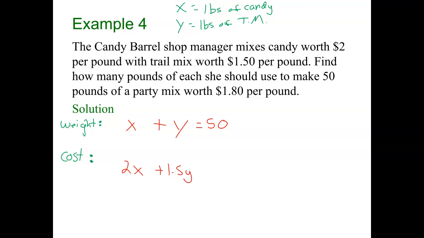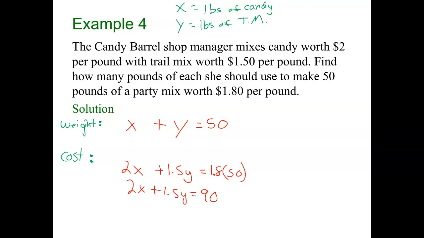Add those together, and that should give me $1.80 for how many pounds? 50 pounds. So the total cost is $1.80 times 50, and I can simplify that as 2x plus 1.5y equals 90.